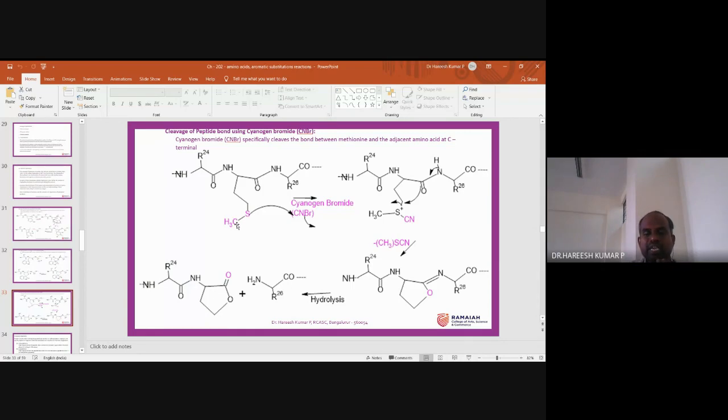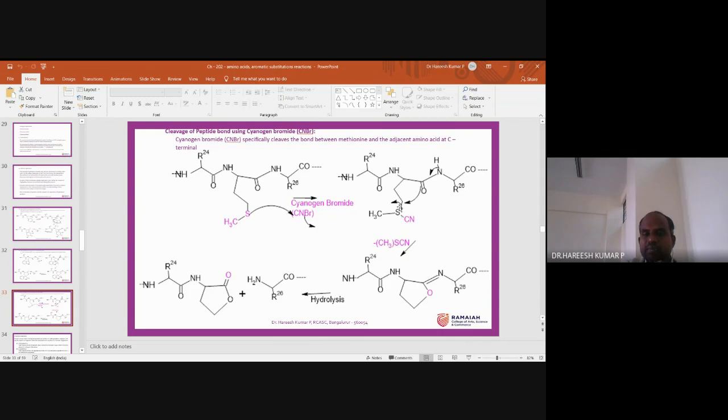So what will happen here? The lone pair present on the sulfur will form a new bond with the cyanogen. In cyanogen bromide, CN will be positive in nature, and Br will go out as Br minus. So there will be a bond formation like this. You know that there is a positive charge on the sulfur. Since there is a positive charge on the sulfur, sulfur being electronegative will try to pull this bonded pair of electrons.